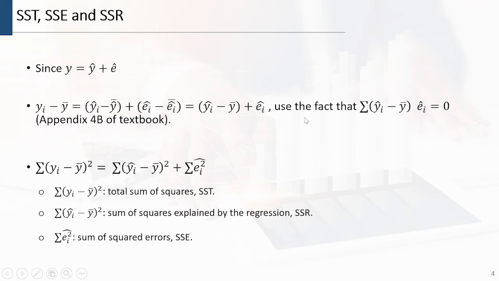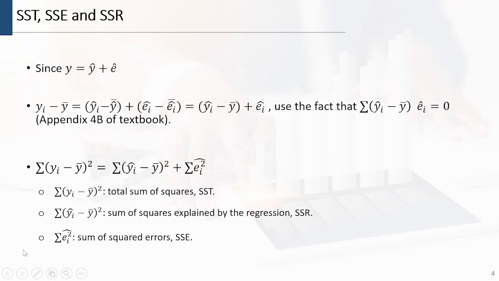And hence, due to the property of OLS, we also know that the squared deviation of y from its mean should be equal to the squared deviation of y hat from its mean, plus the summation of the square of the residual.